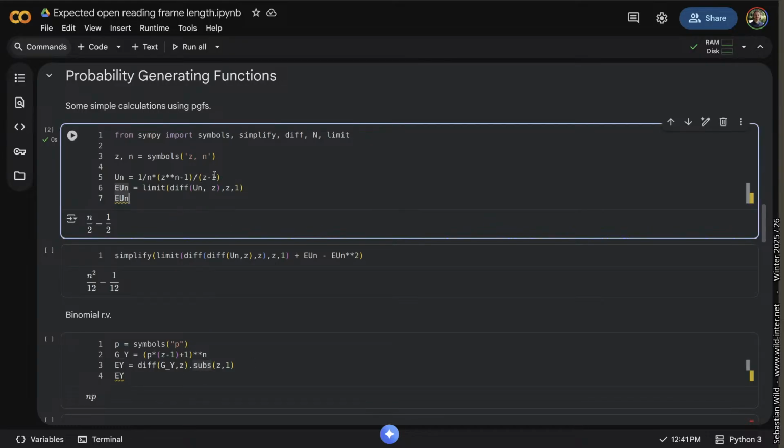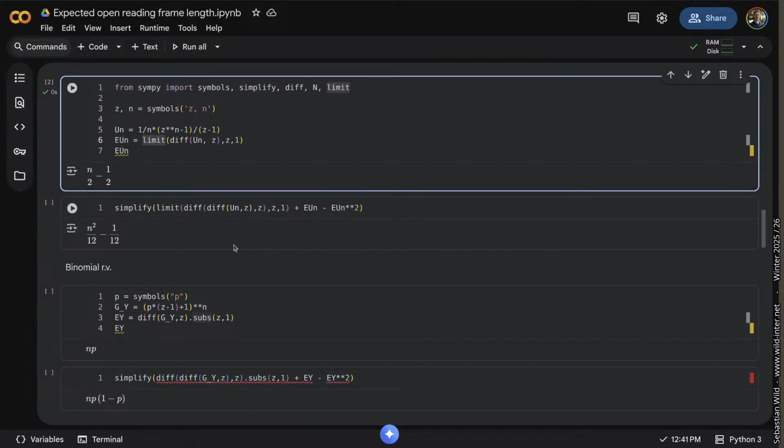Now, if you do this in this one, you get a 0 by 0 because you have this z minus 1. There's a root in the denominator and a root in the numerator, but they actually cancel if you look at it carefully. A simple way to do this is to compute limits, which SymPy, for these simple cases, is doing very well.